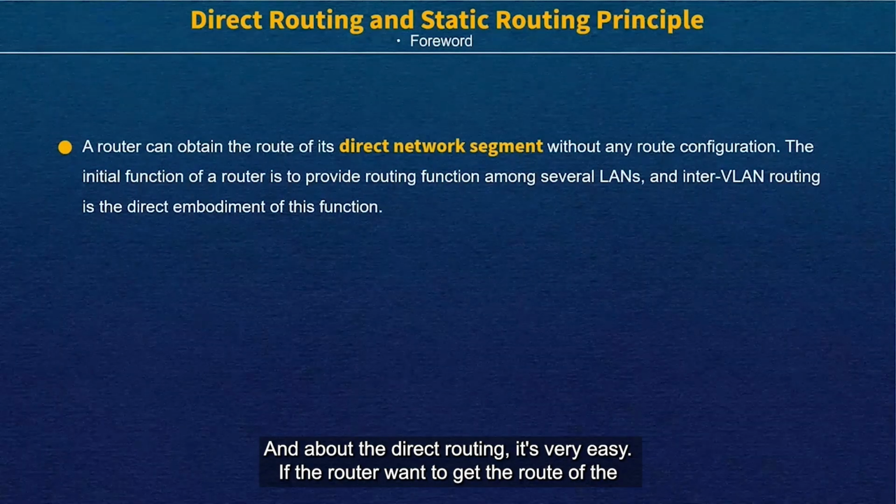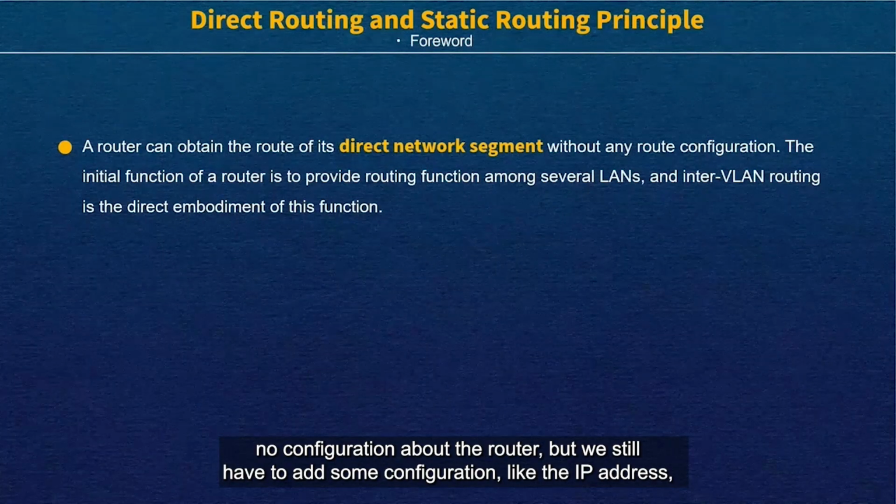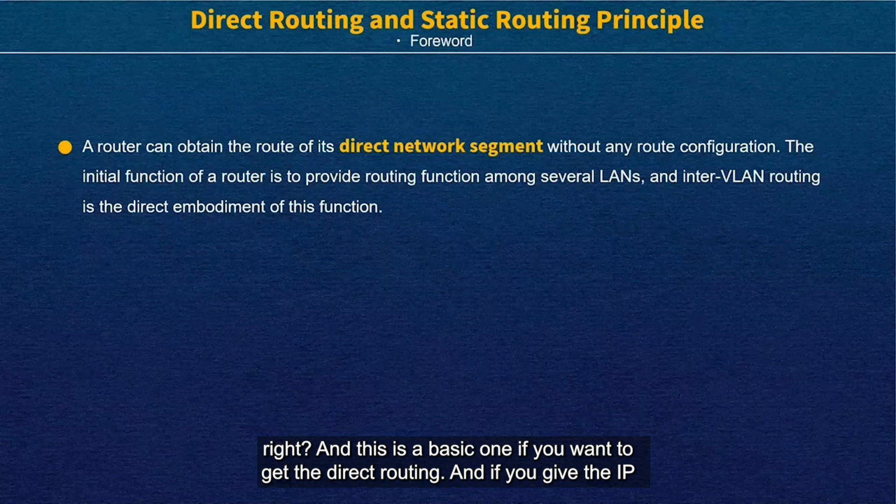About the direct routing, it's very easy. The router gets the route of the directly connected network segment without any route configuration. But pay attention, although there is no configuration about the route, we still have to add some configuration like the IP address, right? This is the basic requirement to get the direct routing.